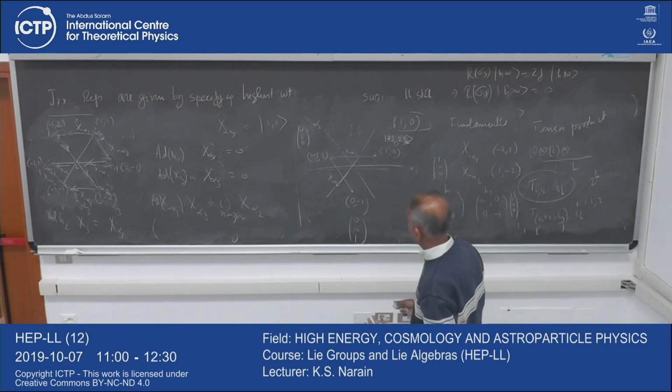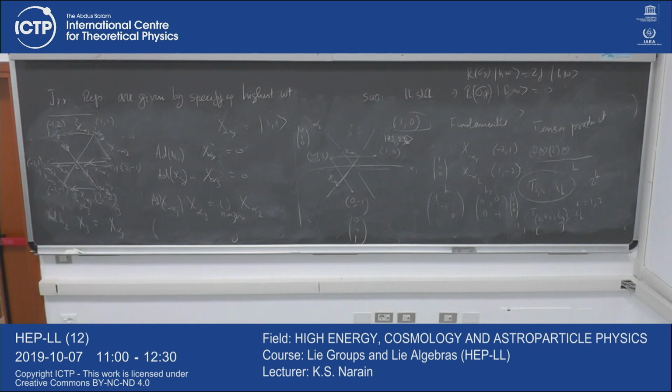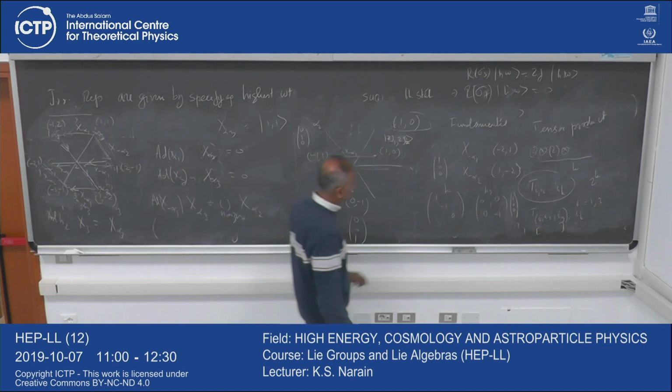Roots are basically weights, but for the adjoint representation. But for a generic irreducible representation, you call the eigenvalues with respect to the Cartan algebra the weights. These are the weights.